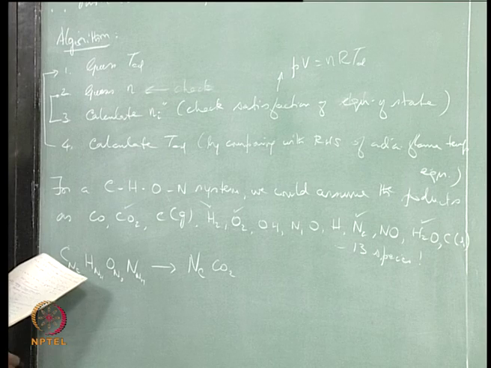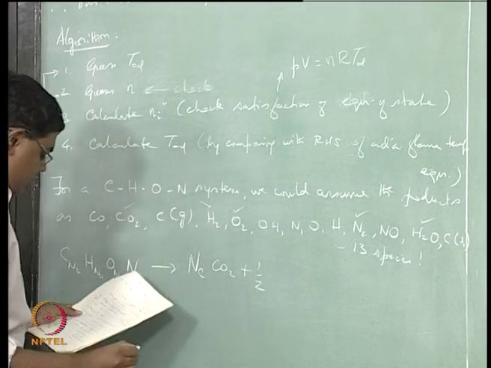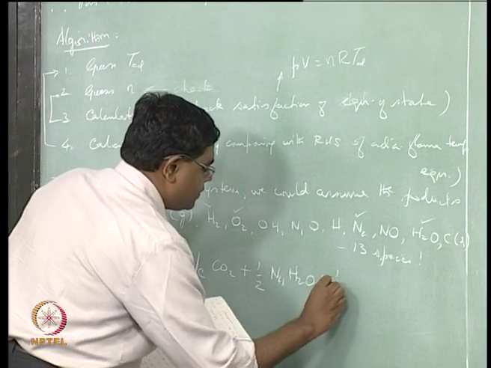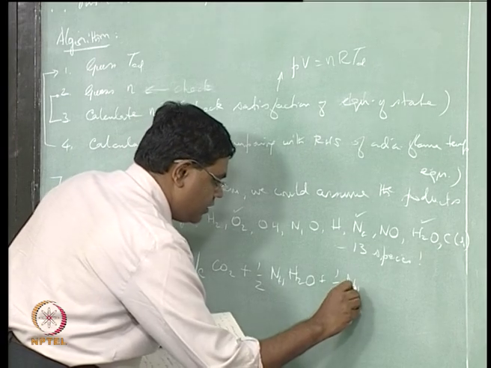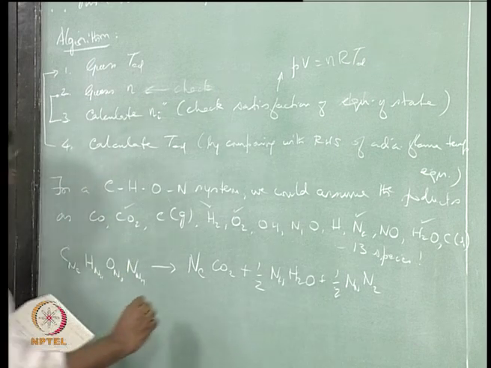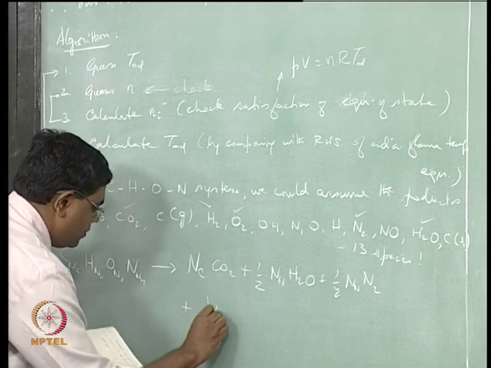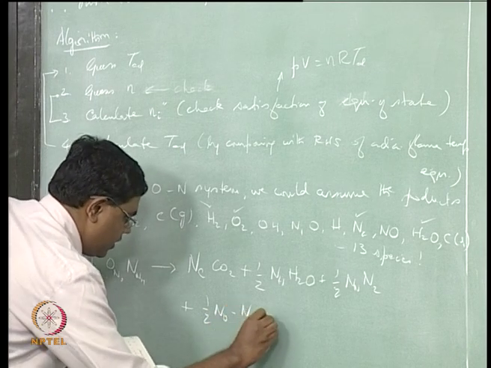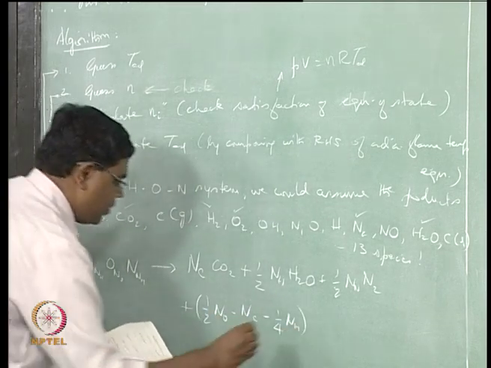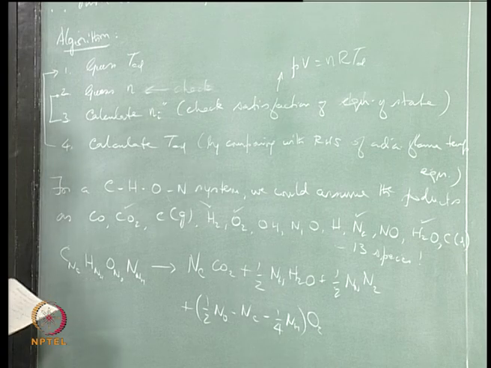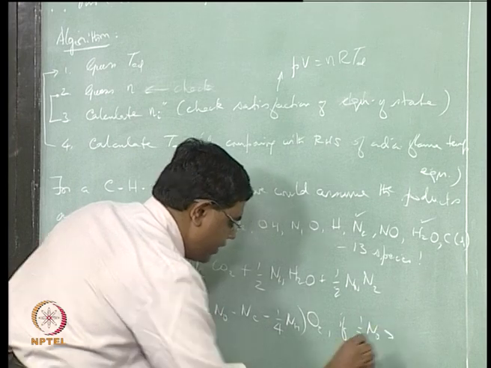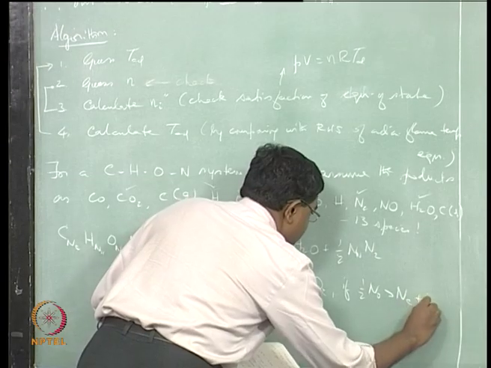So if you now do this algebraic balancing, you can get something like H2O plus half NN N2 plus half NO minus NC minus 1/4 NH O2, if half NO is greater than NC plus 1/4 NH.